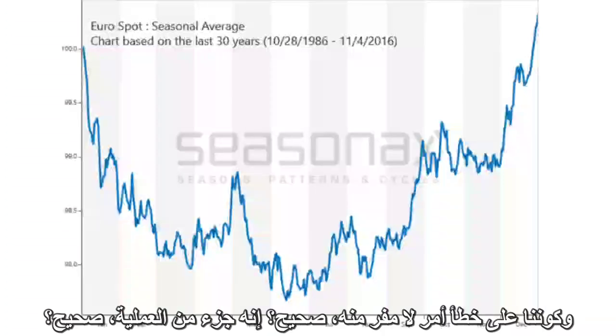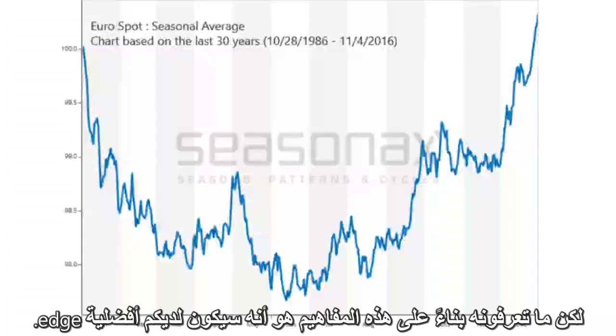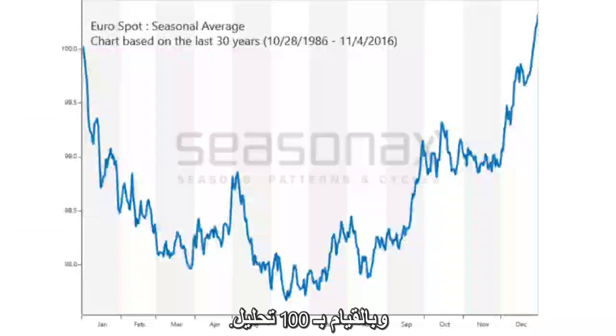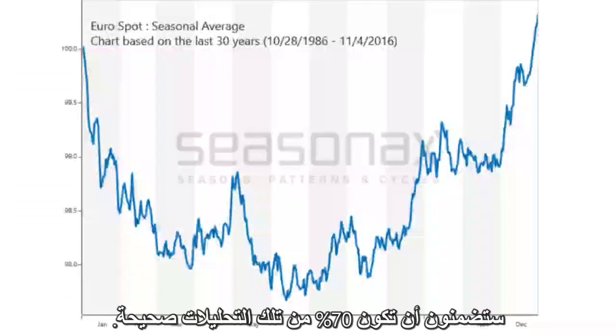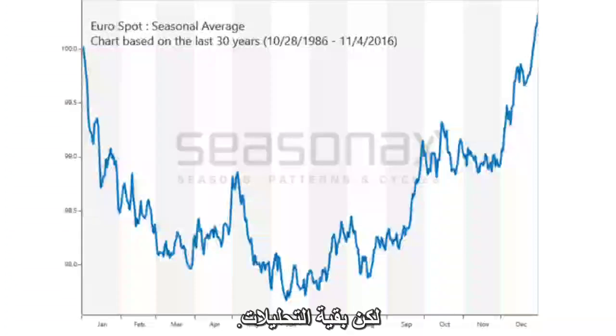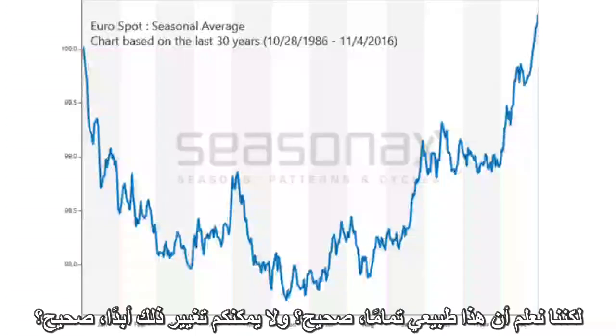But what you do know is that based on these concepts, you're going to have an edge, and that edge is going to make sure that over such a huge record of data, by doing 100 analyses, you'll have 70 of those analyses correct. Seventy of those would work, but the rest would not, and you would lose money on them. But we know that that's completely fine, and you can never change that.